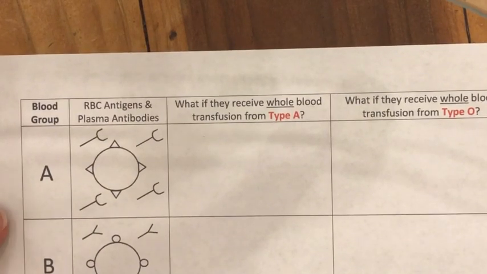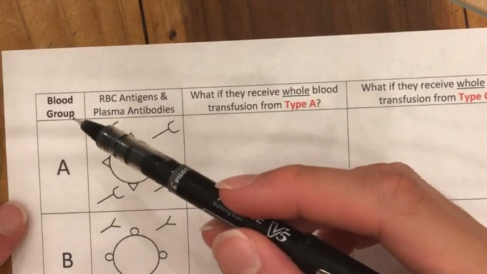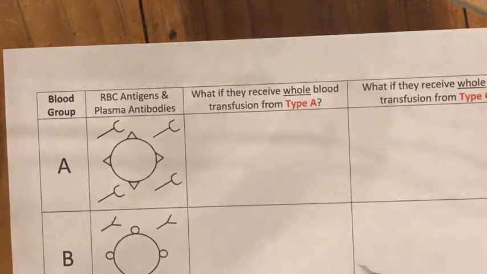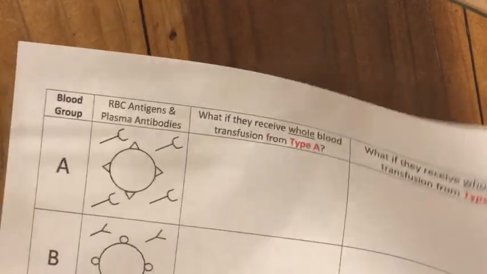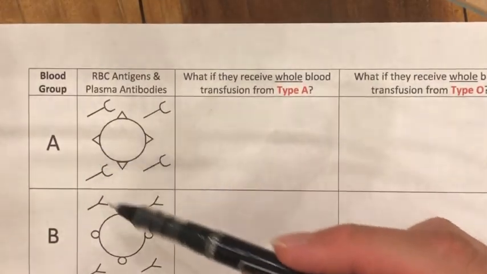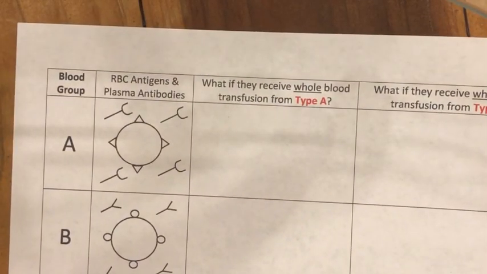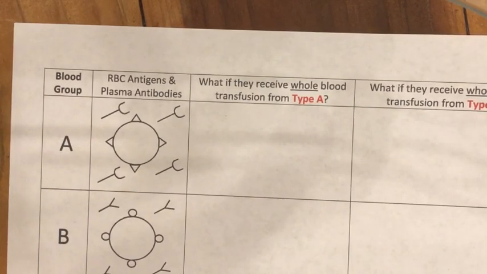All right, so first thing that I wanted to do is orient you to the chart. In the first column, we have the different kinds of blood groups that we're going to be talking about: blood type A, blood type B, blood type AB, and blood type O. We're going to be looking at their composition, what you actually find in the bloodstream with regards to the red blood cells and the antibodies in that person's bloodstream.